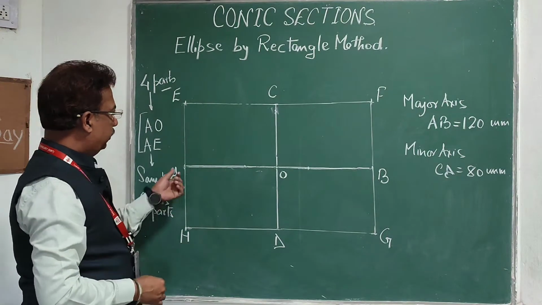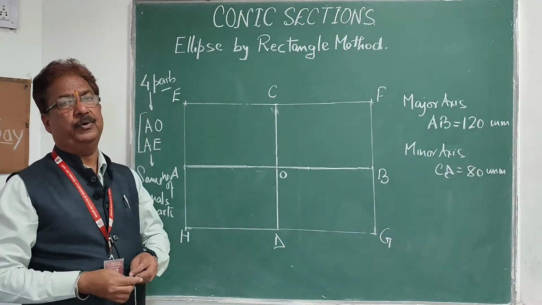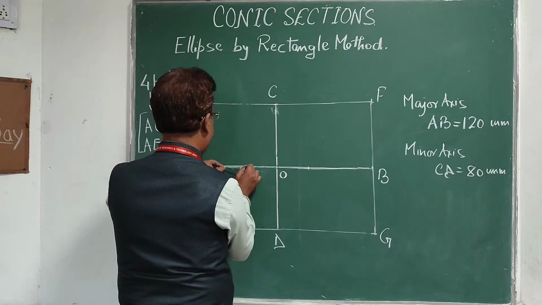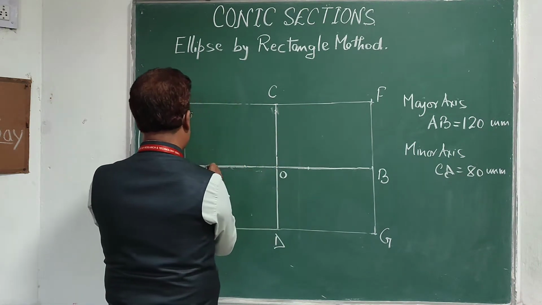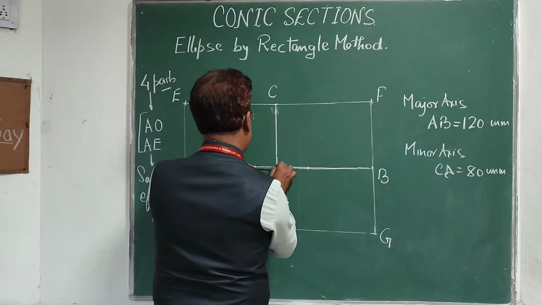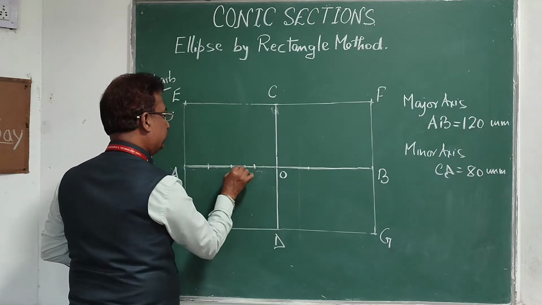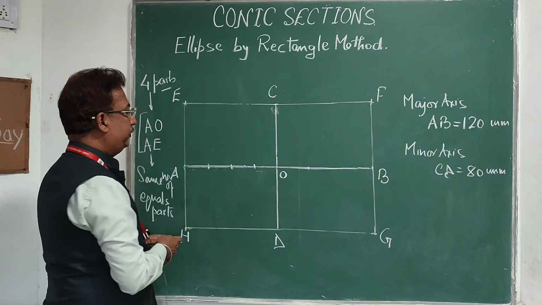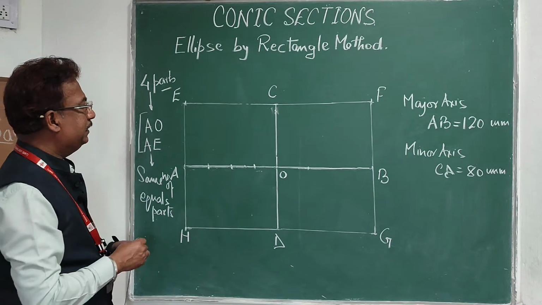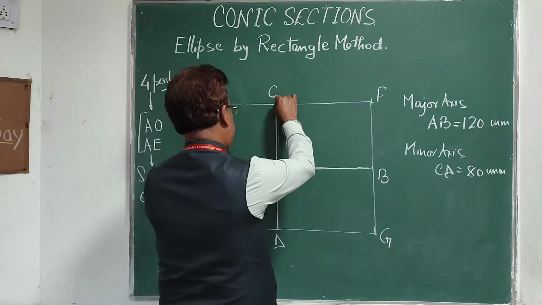So this total length will be 60 mm. So 1/4 of the 60 will be 15 mm. So 15 mm if I mark, then I can easily divide this into 4 parts. Here I am using the approximation method. So I have divided this AO into 4 parts. Same way this AE is equal to 40 mm.